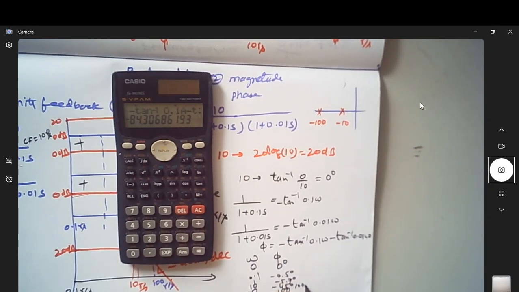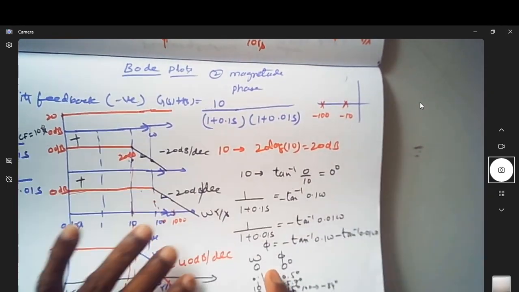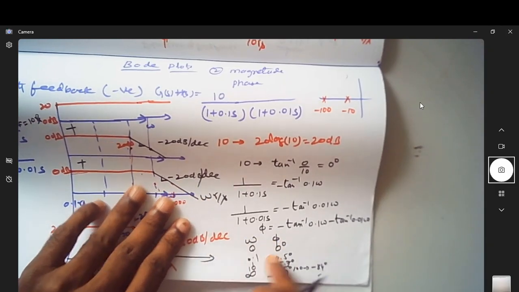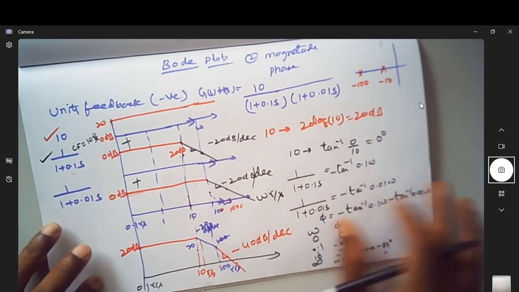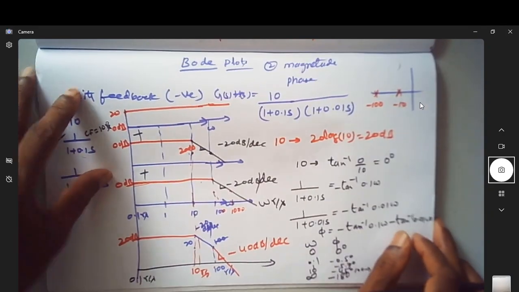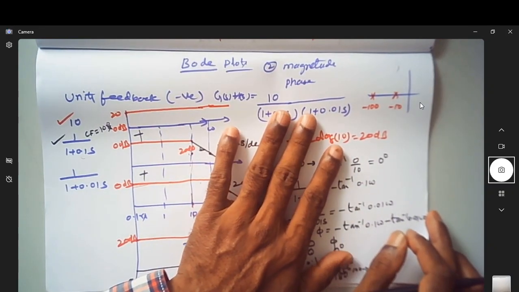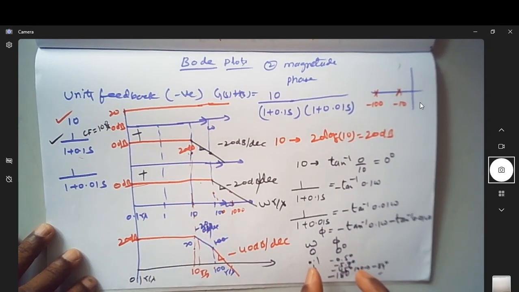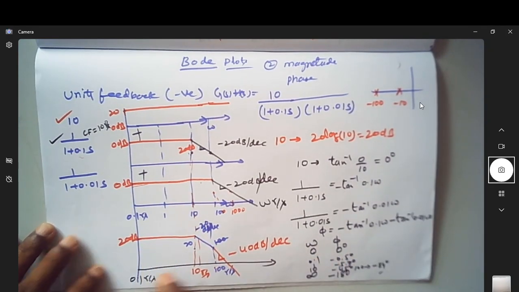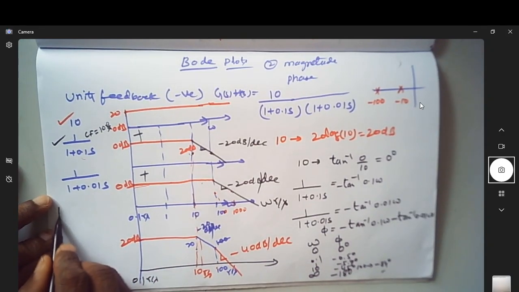So likewise, we can plot for different values of omega what is the phase of the overall system. So this is basically what you are trying to understand conceptually: how the magnitude and phase of each of the terms constitute the overall magnitude plot and the phases. So once you have the phase, maybe you can write the phase plot also. Let me just approximately draw it here.